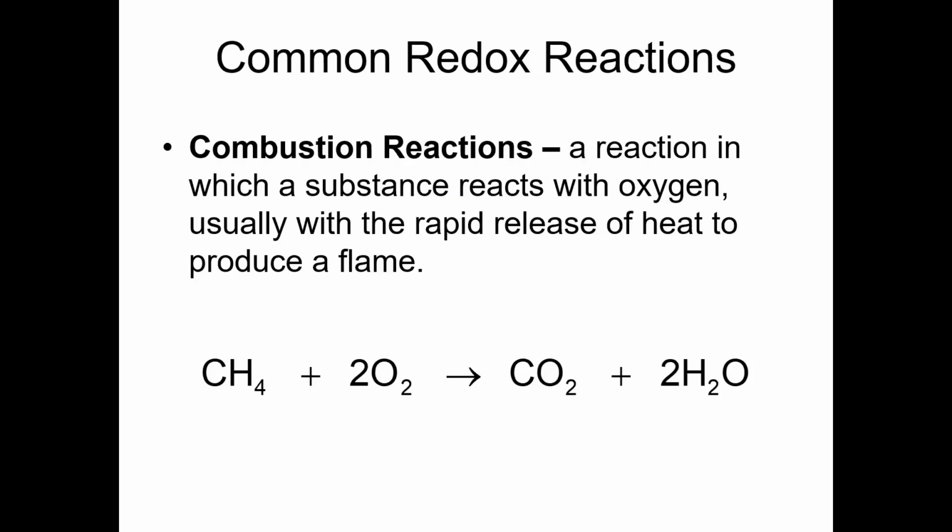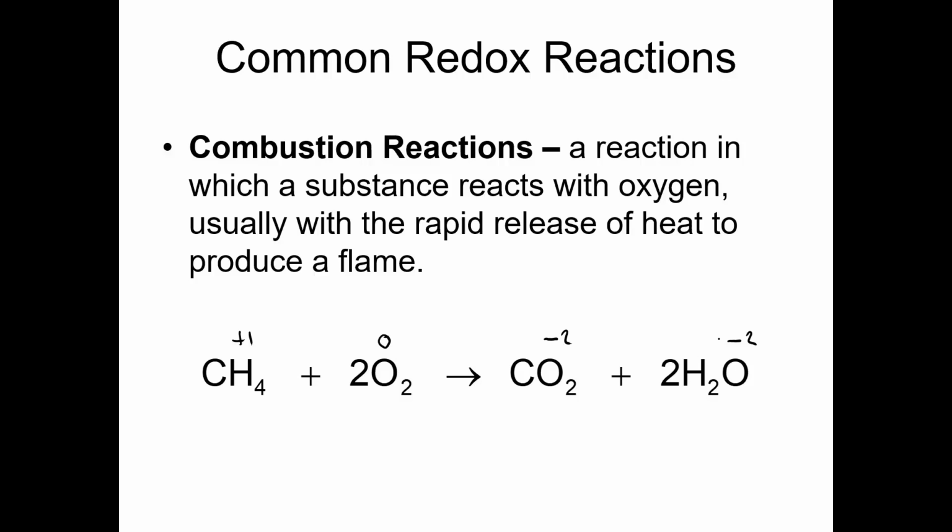Looking at a couple more reactions. This is a combustion reaction. And I told you that combustion reactions are redox reactions. Let's go through and assign oxidation numbers. Right? Oxygen by itself is always going to be 0. Hydrogen in a compound is going to be +1. Oxygen here in carbon dioxide is going to be -2, and oxygen in water is going to be -2.